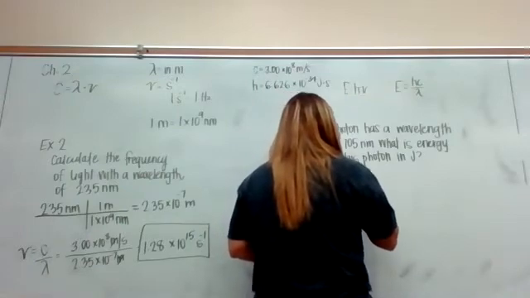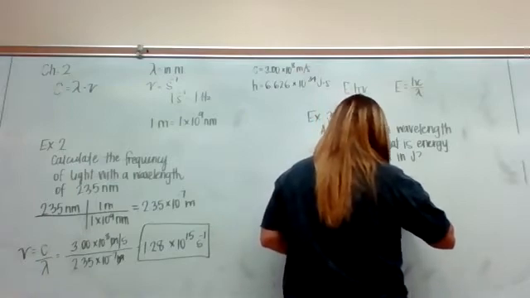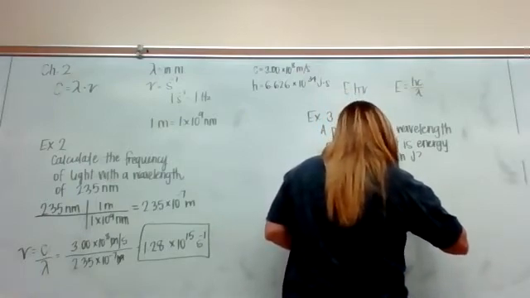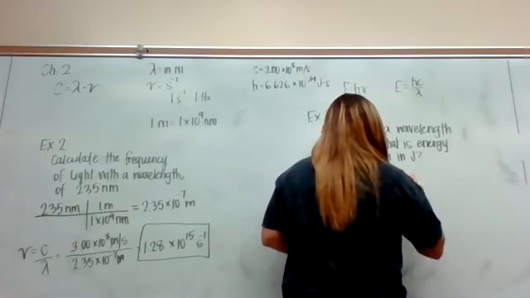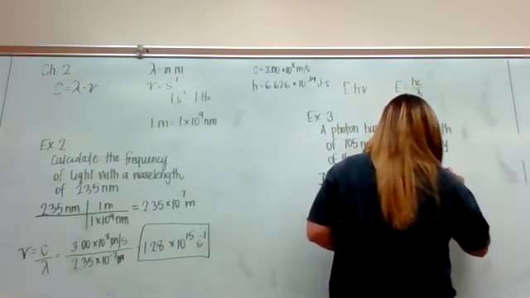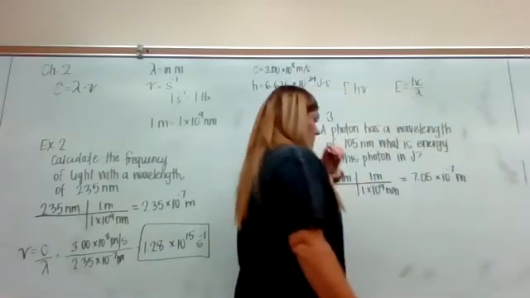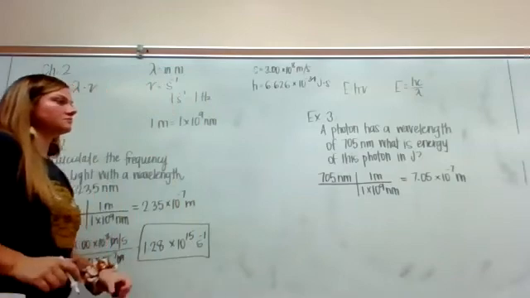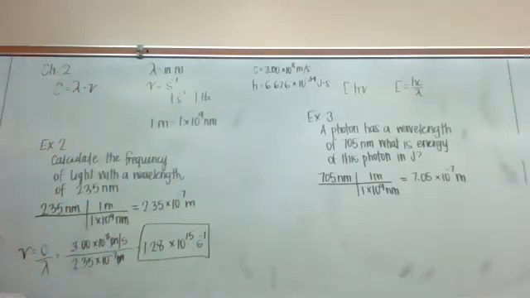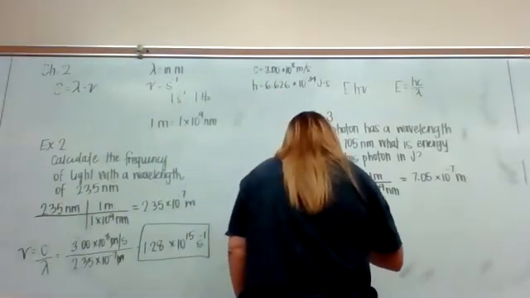705 nanometers is 7.05 times 10 to the negative 7 meters. So now I can plug that in my energy equation.